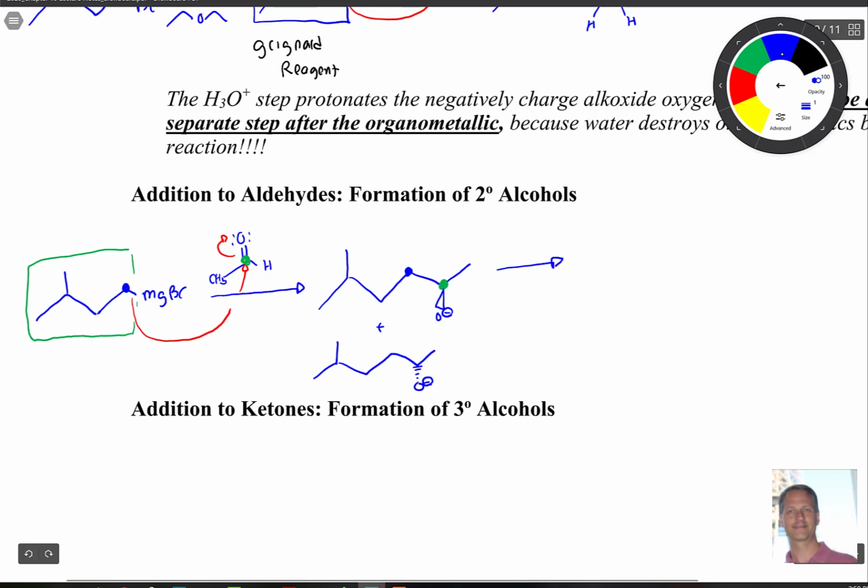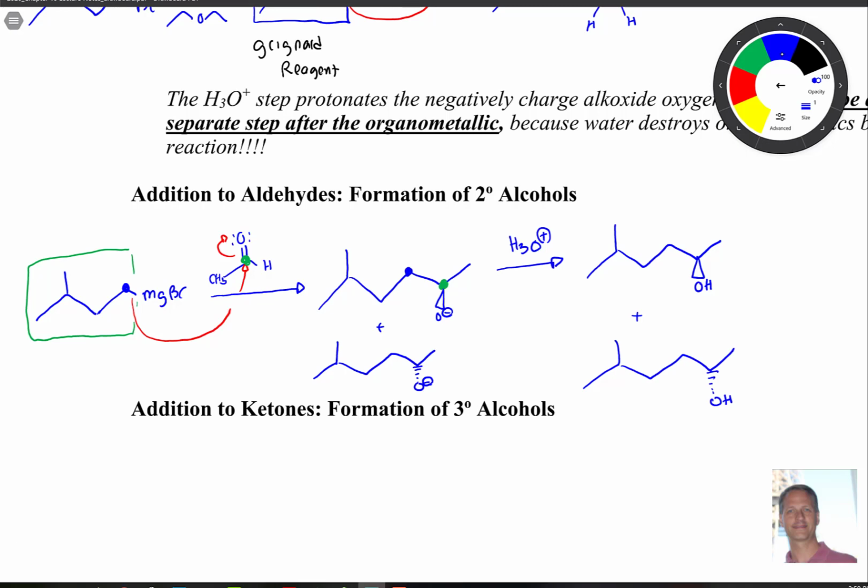And then our last step here would be the addition of H3O plus, and that would give us our 2 products. You get this guy here and then that guy there. And guys, what's the relationship between those two? Well, if you said they're enantiomers, then nicely done.